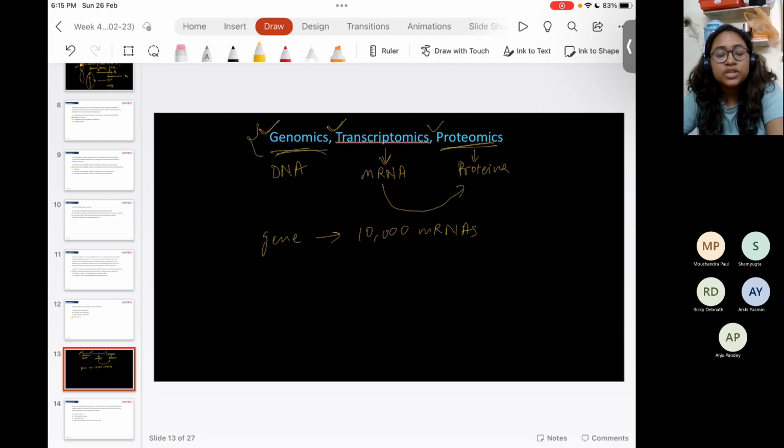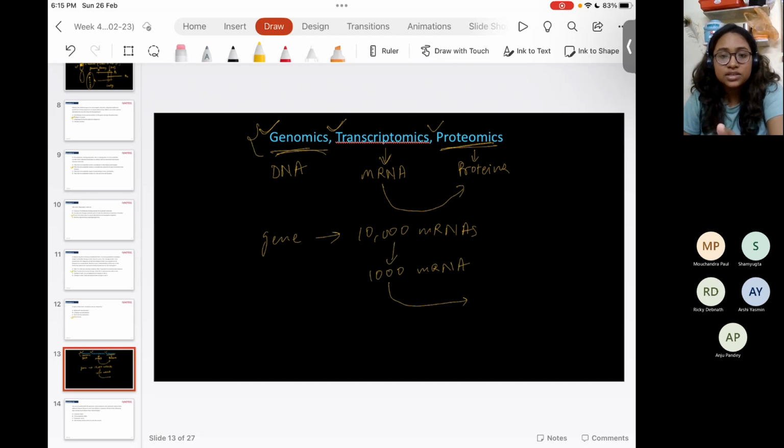Within these 10,000 mRNAs, a few didn't transcribe properly. So there are proofreading mechanisms which can read the mRNA sequences and find that only 1,000 of these should get translated. Now, these 1,000 mRNAs will go into the translation process.